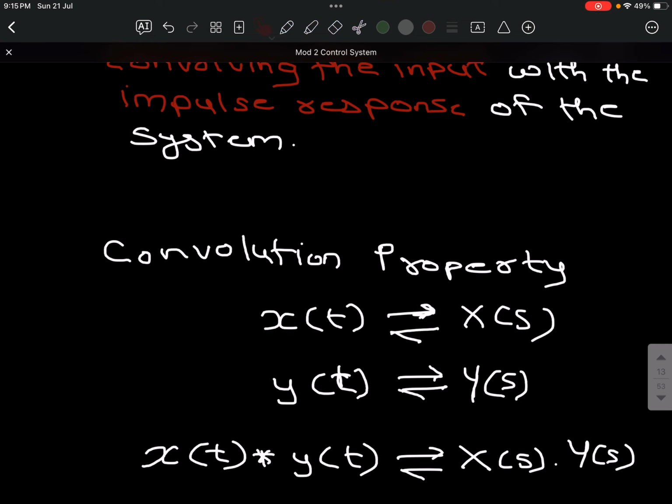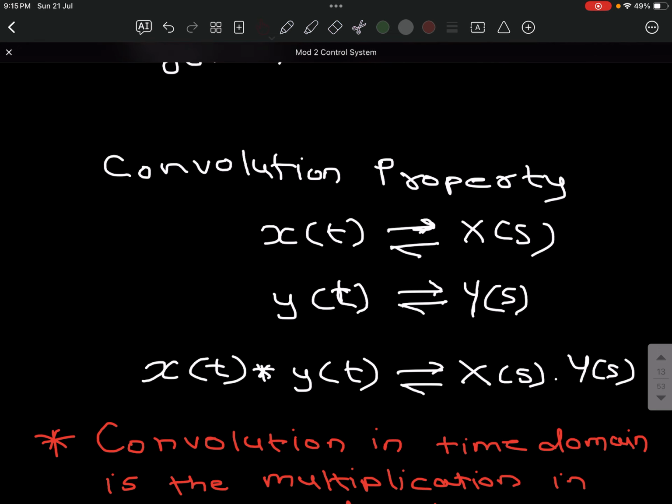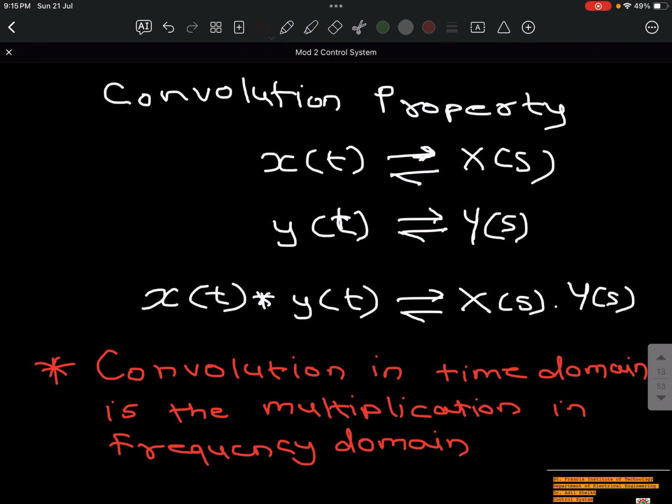So this is the most important property of convolution: convolution in the time domain is converted into multiplication in the frequency domain. This is the most important property of Laplace. Convolution is very tough, however multiplication is very easy. We will see this in detail in the next slide.